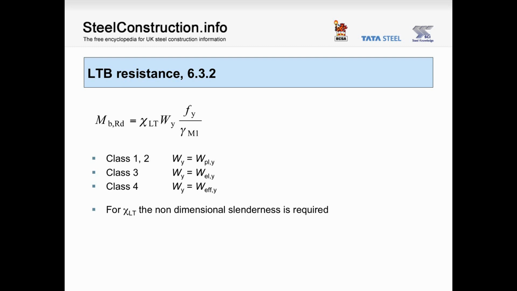To determine chi LT we need the non-dimensional slenderness, and the non-dimensional slenderness, rather like the expression for flexural buckling, is defined as the root of the modulus, and again the modulus depends on the classification, multiplied by yield divided by M crit, the elastic critical bending moment.